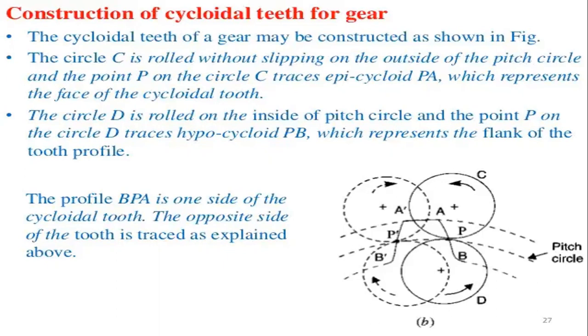So first of all, we have to take the circle C rolled without slipping on the outside of the pitch circle, and the point P on the circle C traces the epicycloid PA.